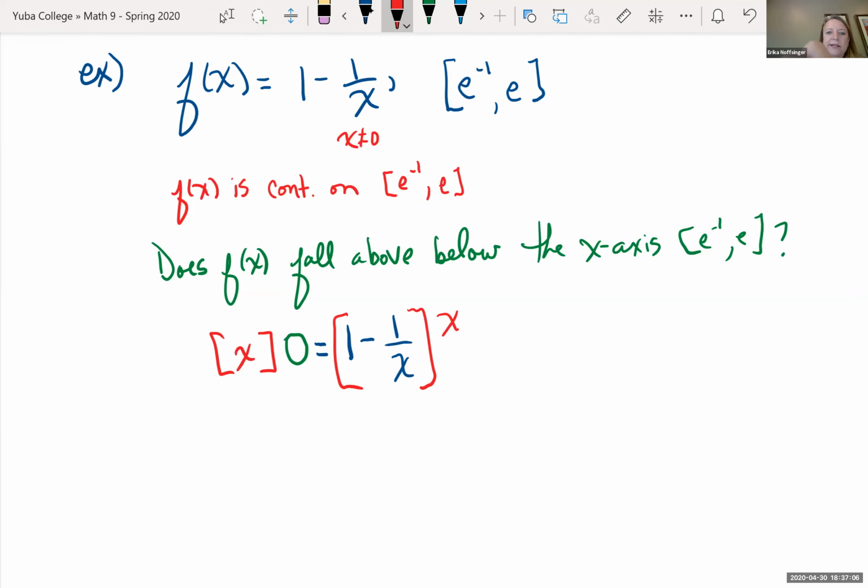So x times 0 is 0, and this is equal to, distributing my x, 1 times x is x minus 1, so those x's cancel and I don't have the fraction. So 0 is equal to x minus 1. Now I get that x is equal to 1. So I know I have an x-intercept at 1.